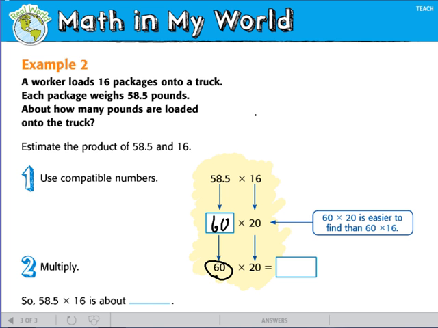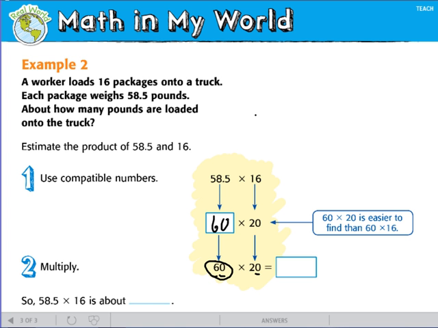Now, the easiest way to solve when you round compatible numbers and you end up with numbers that end in 0. Let's see if you remember after taking a week off. What am I going to do with my zeros? Nope, we're not dividing.